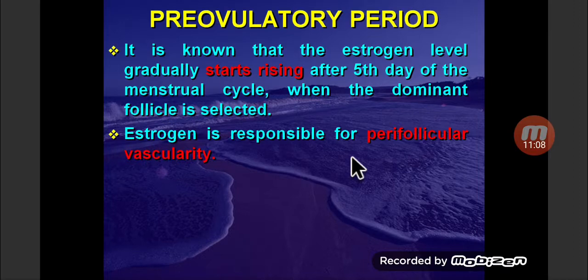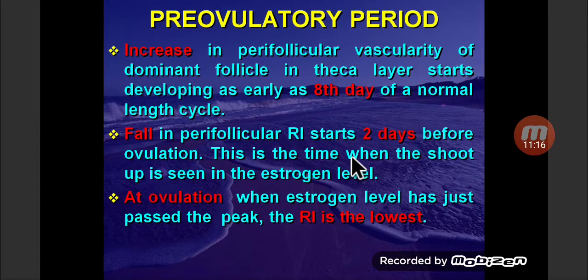Estrogen level starts rising after the 5th day and it's responsible for perifollicular vascularity. As the perifollicular vascularity starts increasing from the 8th day onwards, there's going to be a fall in the perifollicular resistive index 2 days before the ovulation.